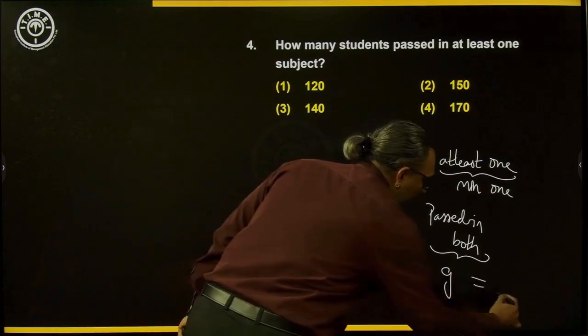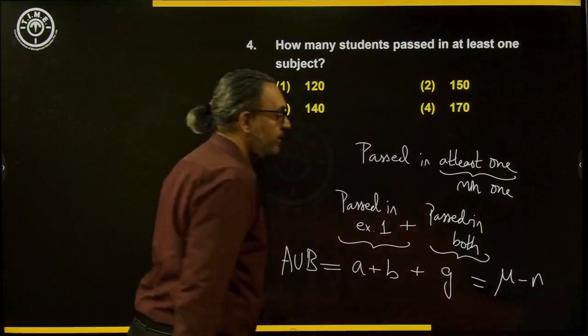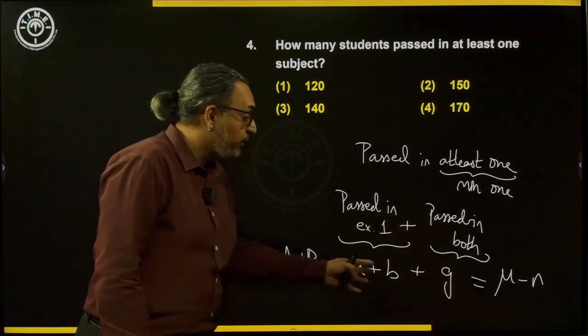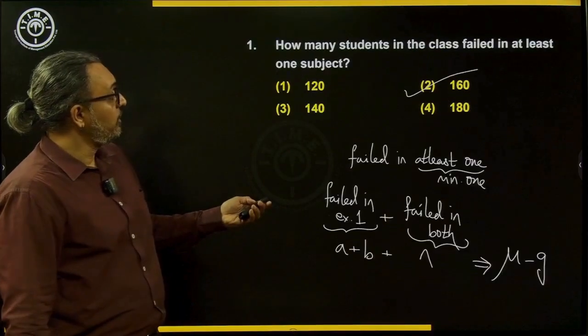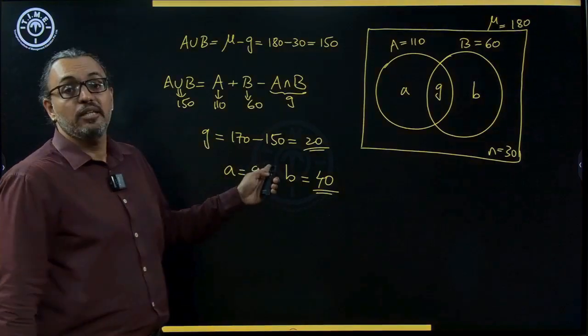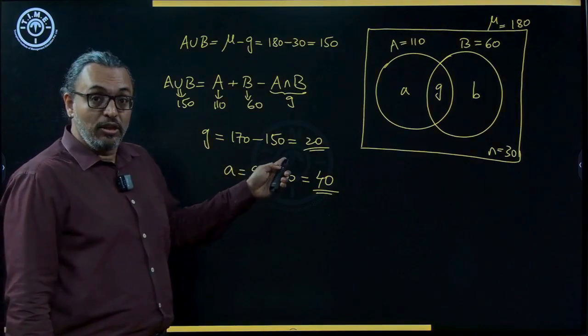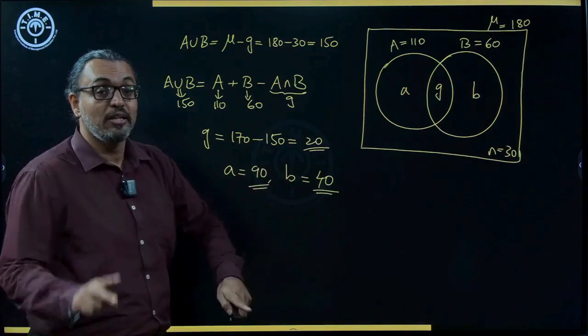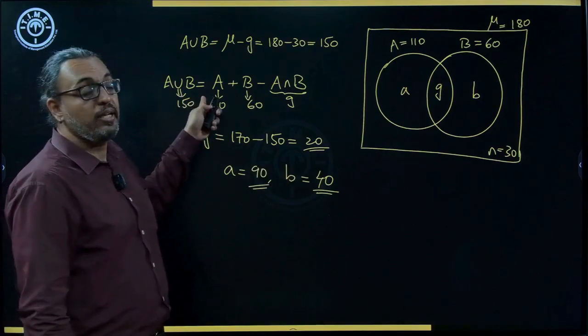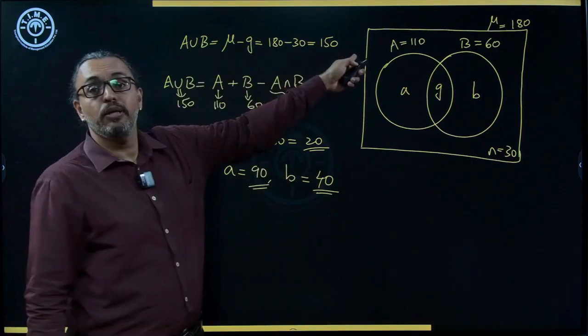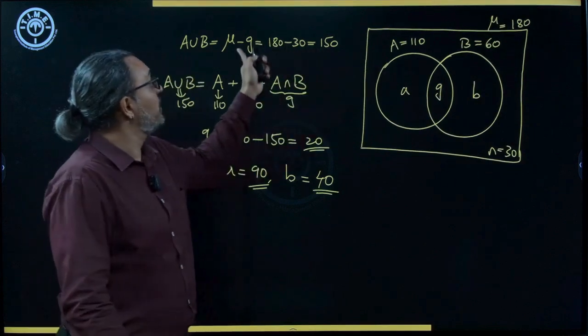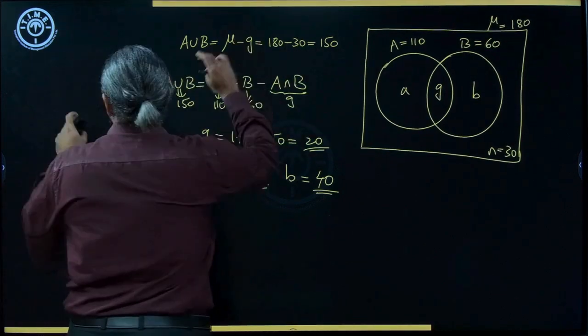In other words, I can also write it as mu minus n. So basically, you don't need to find a, b, G, because in our question, we found out n. Correct? So once you know passing in at least one subject in a two-set Venn diagram is A union B, we get our answer directly, A union B, mu minus G. Because, sorry, mu minus n, my bad.